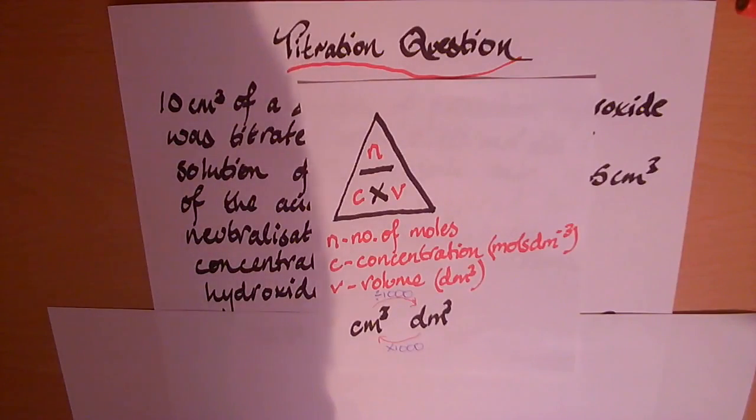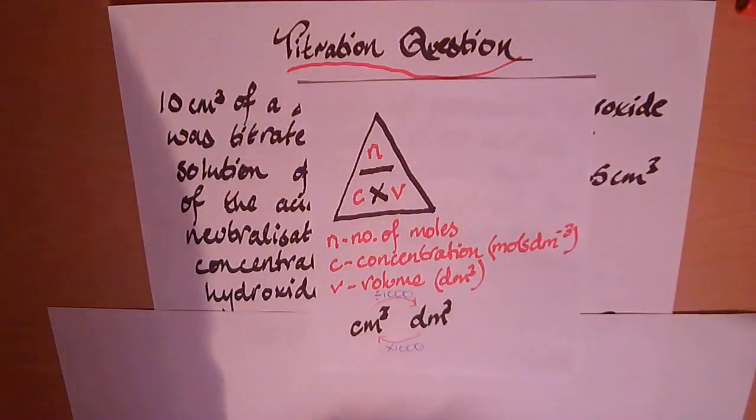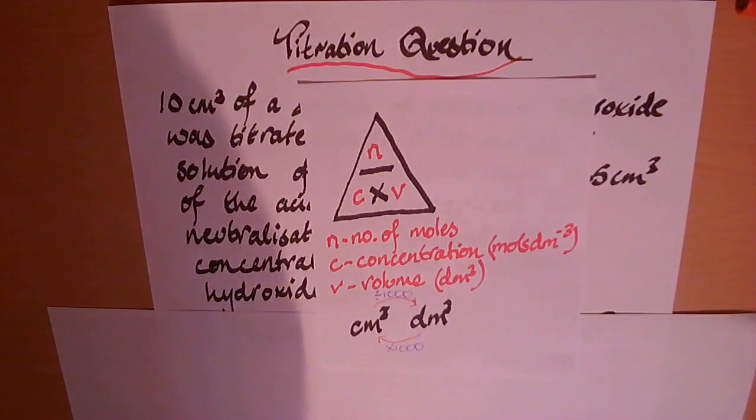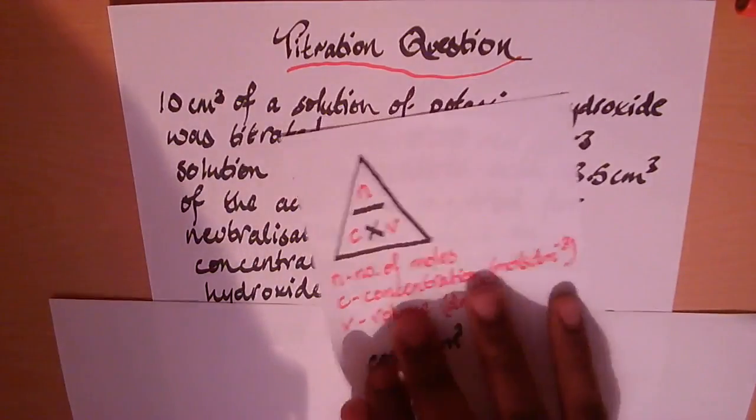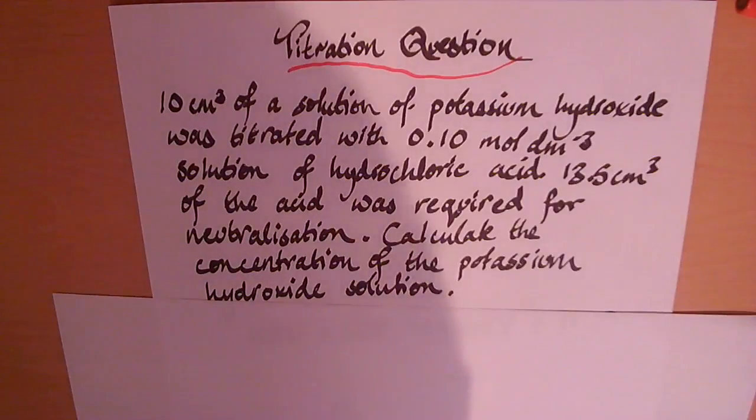I've got a little conversion chart there which shows the conversion between centimeters cubed and decimeters cubed, where in order to get from centimeters cubed to decimeters cubed, you divide by 1000, and when you try and get from decimeters cubed to centimeters cubed, you multiply it by 1000.